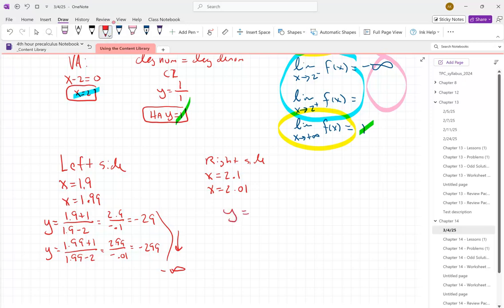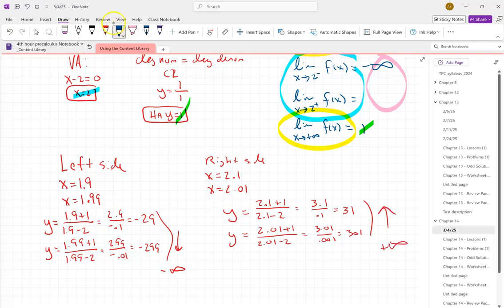We'll do the same thing over here. So that tells me we're going up. So I should have positive infinity for that one.